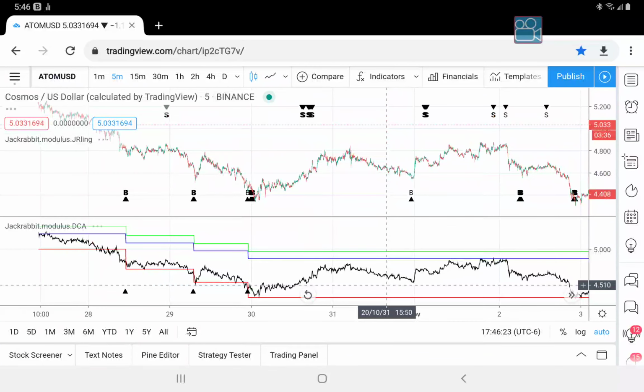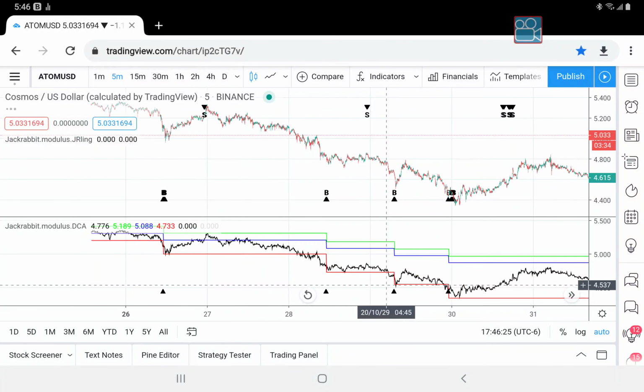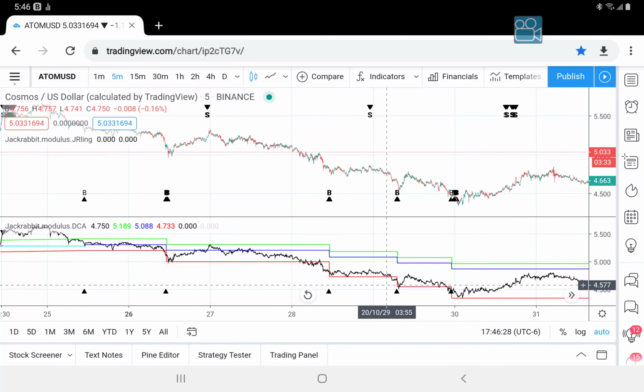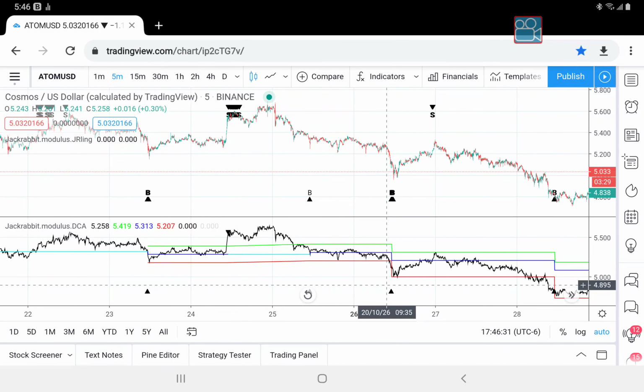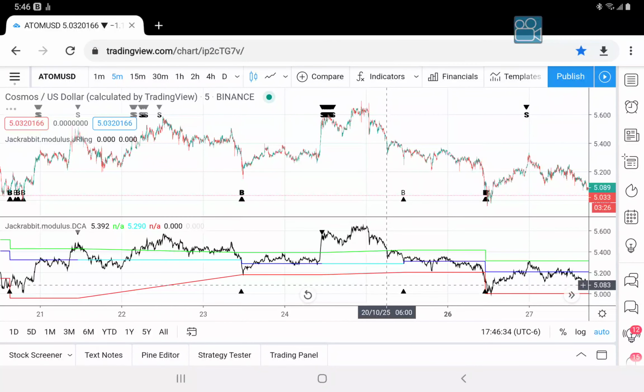So whether you want to go simple or complex, the JRling module coupled with the modulus framework takes the entire process to a whole new level of thinking. I've only touched the basics of what this is capable of doing, because I really don't know just how far you can expand it.